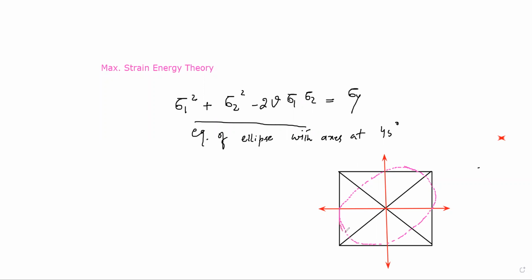Okay, if we can plot it correctly, an ellipse will be like this.